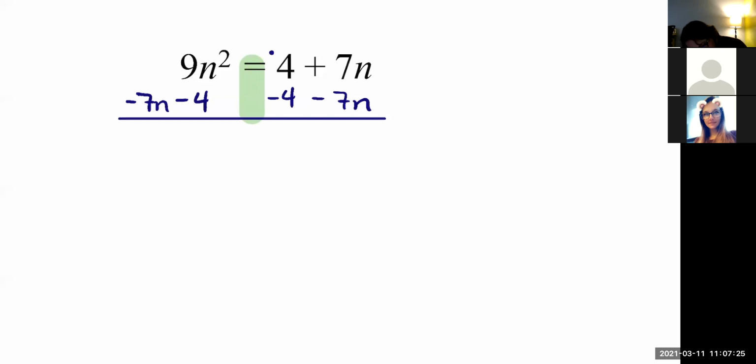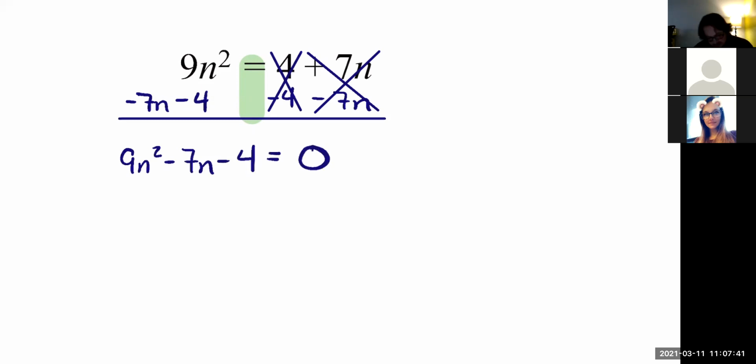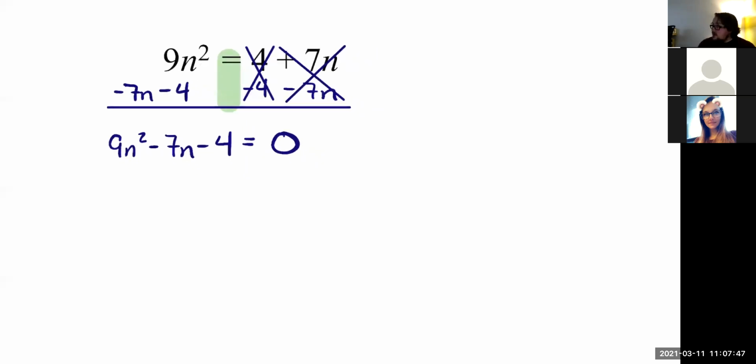On the right, the 4 minus 4 is gone. 7n minus 7n is gone. On the left, thinking descending order, I should have 9n squared minus 7n minus 4 equals 0. So set equal to 0 in descending order.